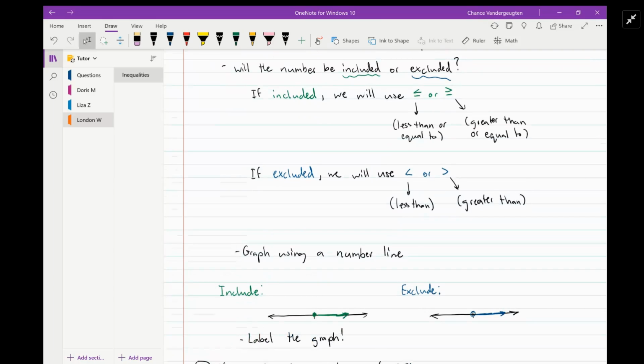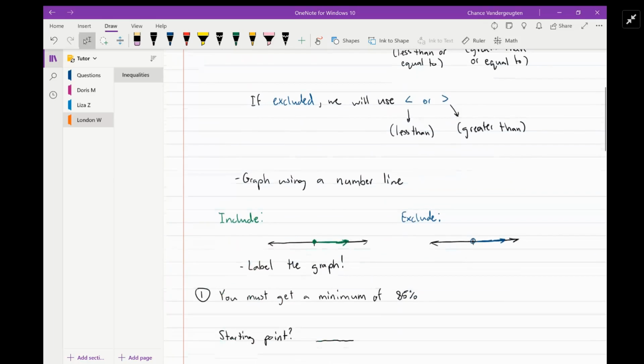And then we are going to be using a number line to graph the inequality. If we look at the inclusive version, we can see right here we're going to be filling in a circle on our starting point, which indicates that it's okay to use that value.